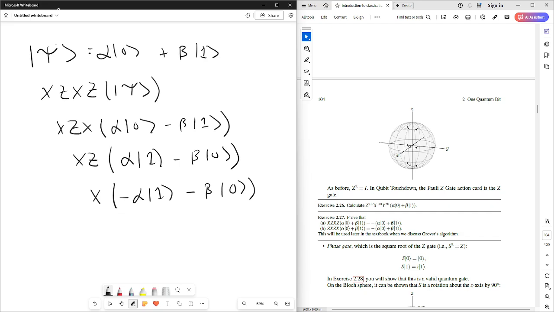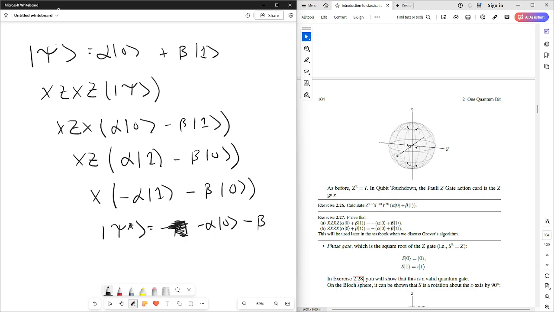the new set, let's call this psi star after all the gates here, psi prime, if you will, is equivalent to minus beta 0, minus alpha 1, because in this last step we just flip the amplitudes.